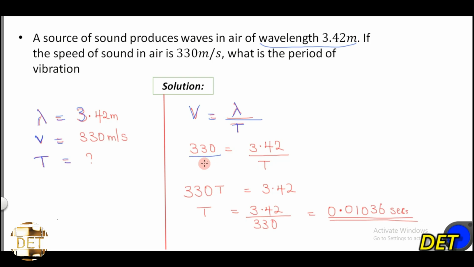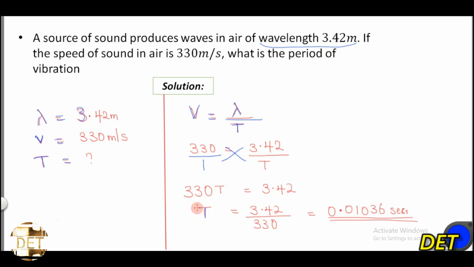So this is the same thing as 330 over 1. 330 divided by 1 is still 330. The next thing you want to do is to cross multiply, right? If you cross multiply, 330 times T will be 330T, is equal to 1 times 3.42, which is 3.42. So that's how we have 330T is equal to 3.42. Then you divide both sides by the coefficient of T, which is 330.